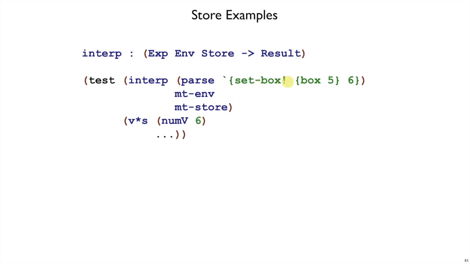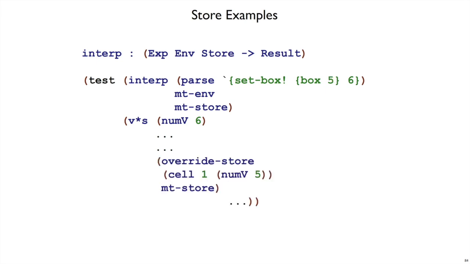Along the way, we must have evaluated this box of 5 expression. And we saw previously, in our previous example, what that should do. We should end up with an override store, cell 1 numv5 empty store along the way. That's what will have happened inside of setbox by the time we've evaluated the sub-expression, and by the time we evaluate this one too. We've got a 6, and we've got a box v1 that refers to that location. So setbox's job is to change this 5 to a 6.